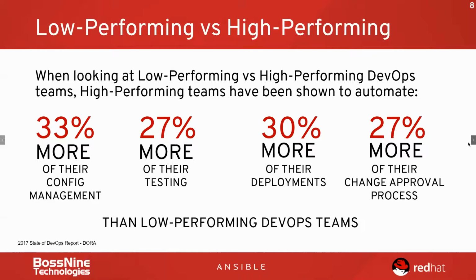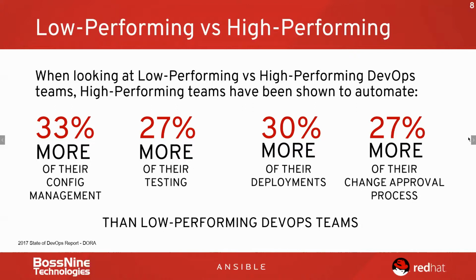They do 33% more configuration management with automation, 27% more of their testing with automation, 30% more of their deployments with automation, and they can do more of their change approval process with automation.